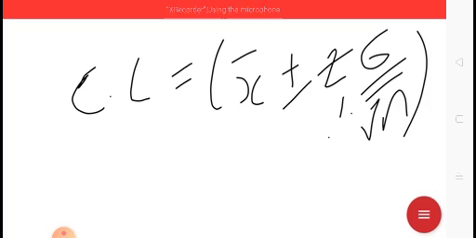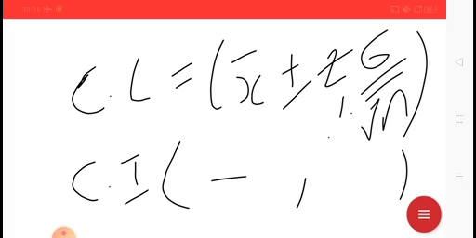So the basic formula is the same. Once you have the confidence limit, you can start to calculate the confidence interval. This one will be minus, this one will be plus. The width will be equal to 2 times z sigma over square root n.